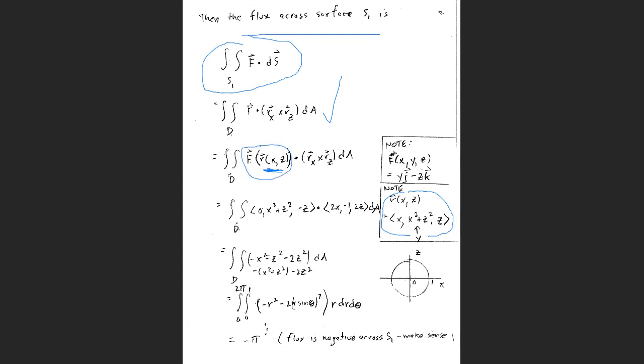So the fact that your vector field is yj minus ck means that the vector field evaluated at the points along the surface has components 0, x squared plus z squared, and minus z. Let me stop there for a moment. I want to make sure you're good down to this step.